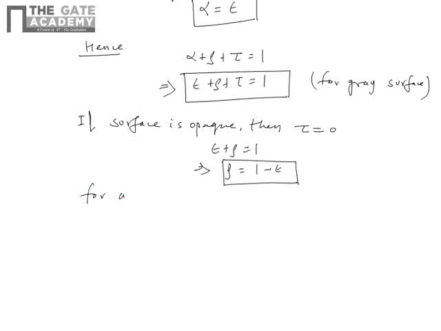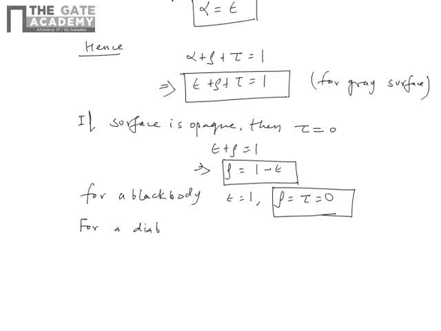For a black body, epsilon is equal to 1, that is black body will not transmit or reflect any amount of radiation. For a diathermanous body, tau is equal to 1, that is alpha is equal to rho is equal to 0.